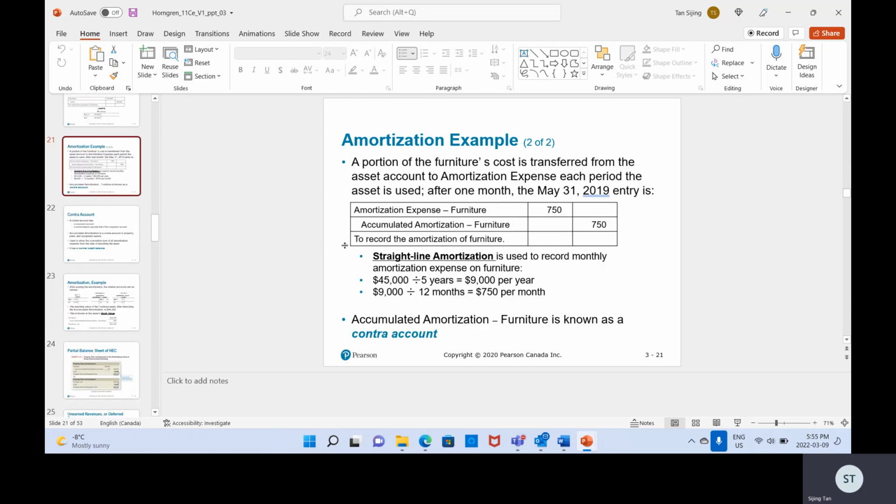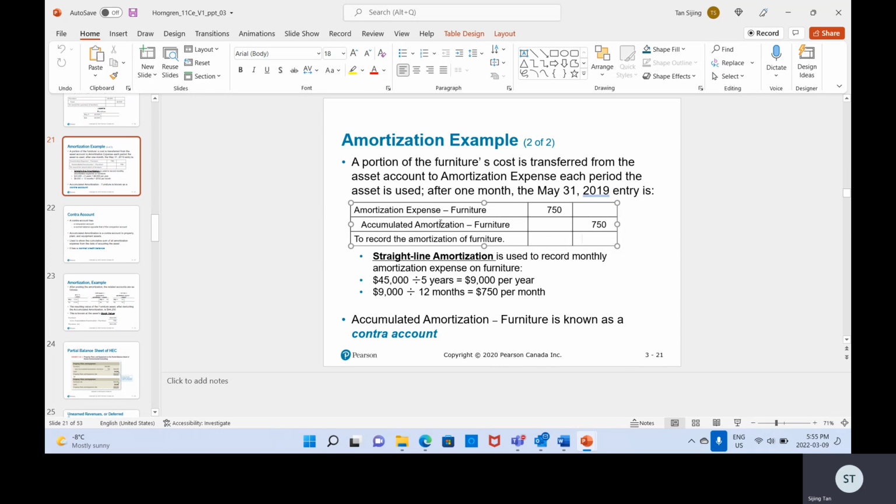Now the amortization happened for 1 month. We have 5 years, $9,000 per year, then per month will be $750. So we record it as debit amortization expenses, furniture, credit accumulated amortization, furniture.